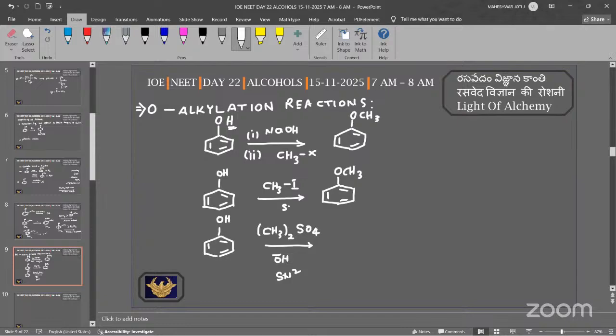Here also SN2. Here also SN2. Right? Now, what is the product? Methoxybenzene, 2 moles.